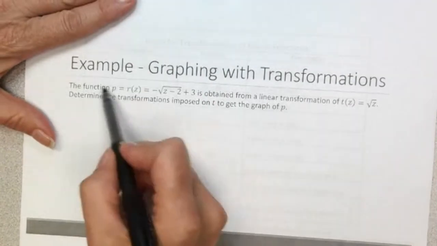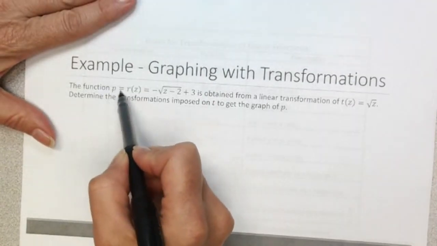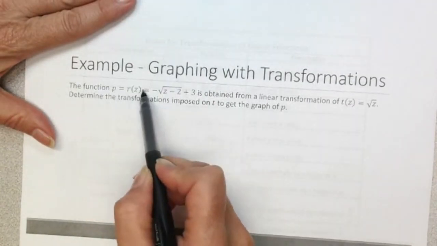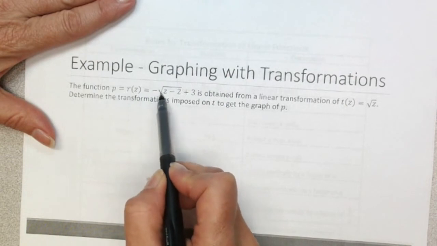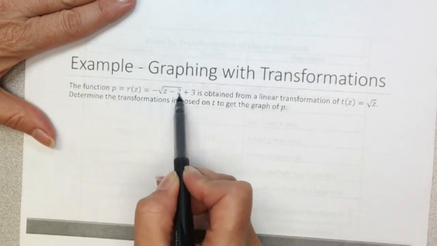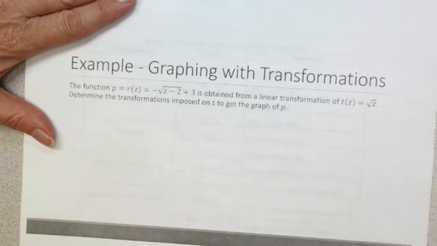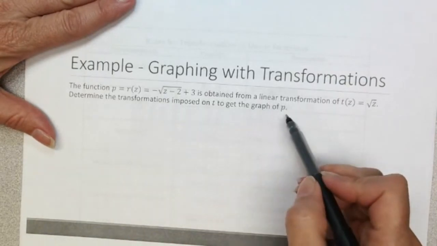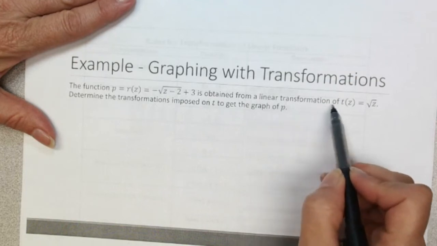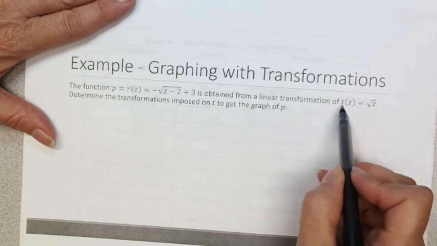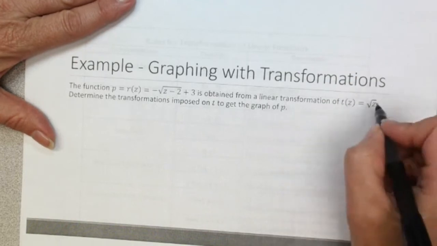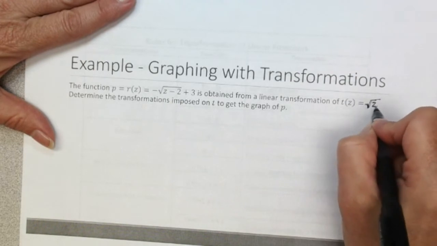Okay, here we have a function p that's equal to r of z that's equal to negative the square root of z minus 2 and then plus 3. That function was obtained from a linear transformation of the function t of z, which is simply defined as the square root of z.